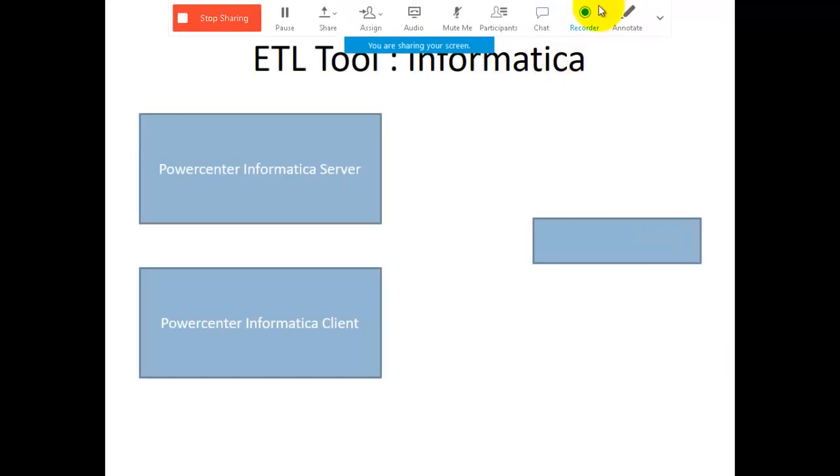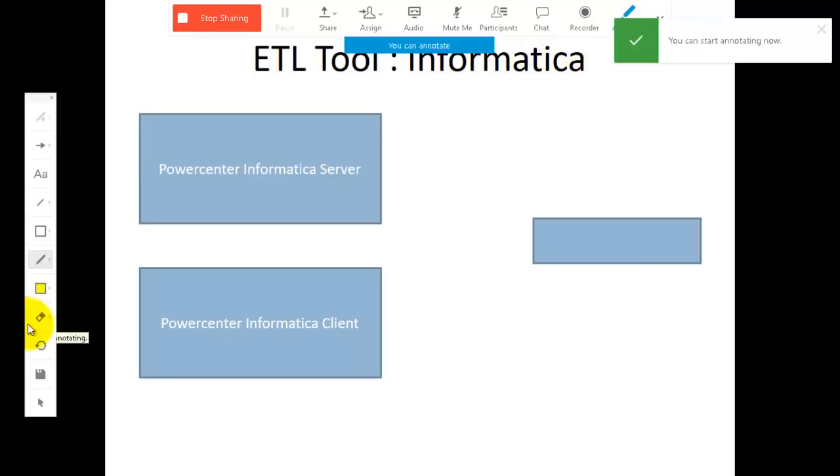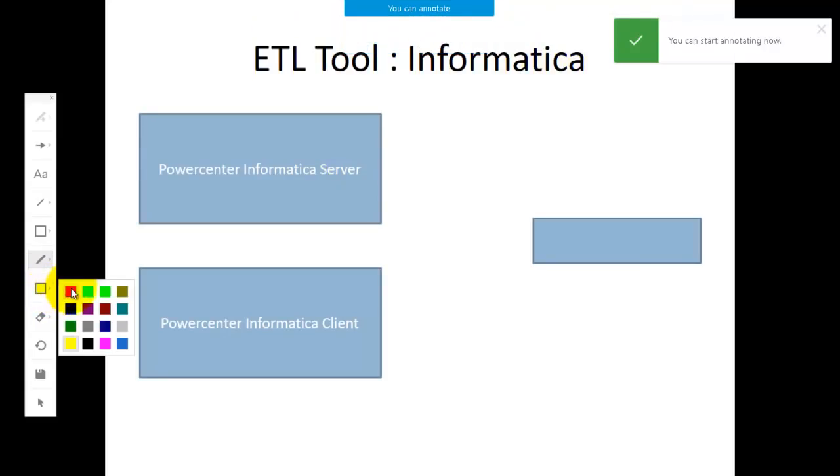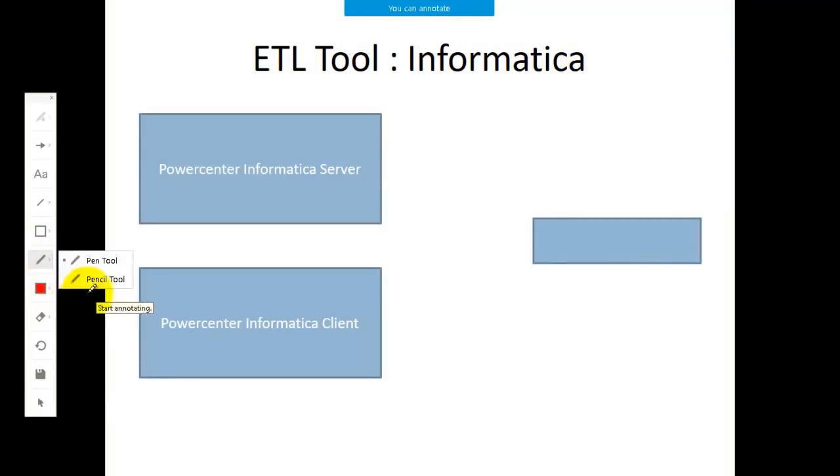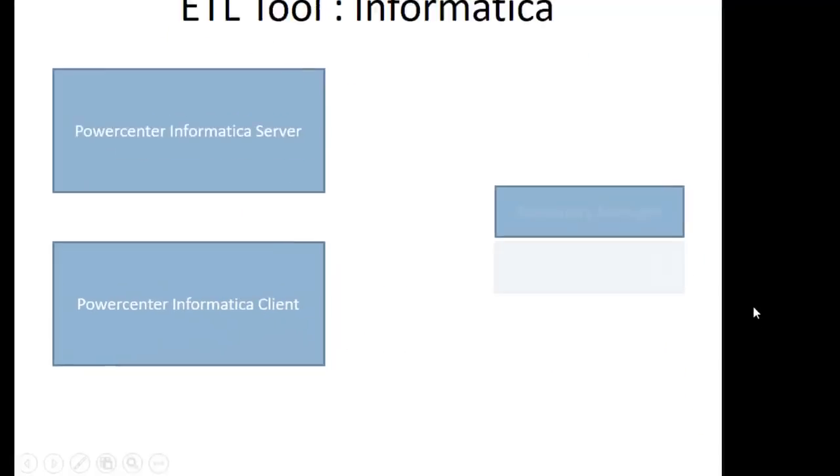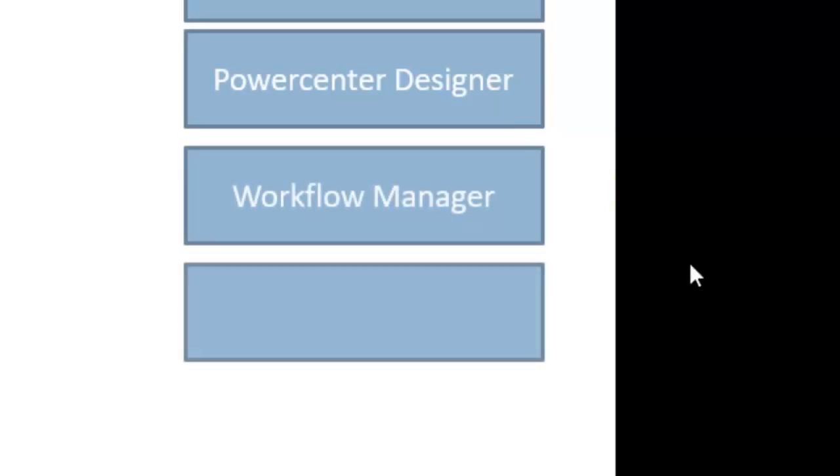The ETL tool Informatica comes in two parts, the Informatica server and the Informatica client. The client utility comes with four more components: the repository manager, the powercenter designer, the workflow manager and the workflow monitor.